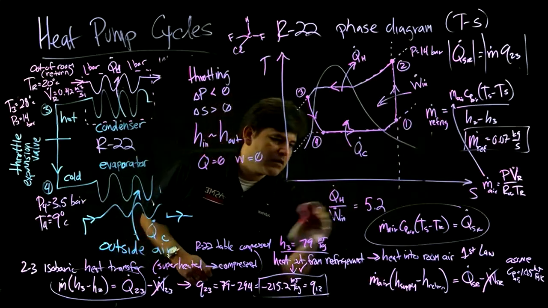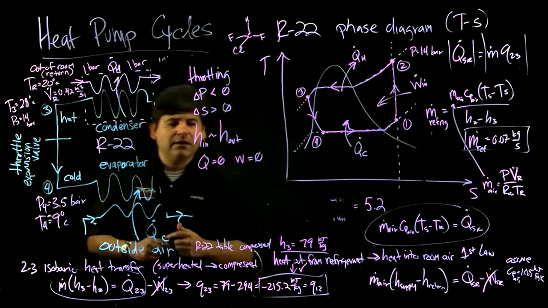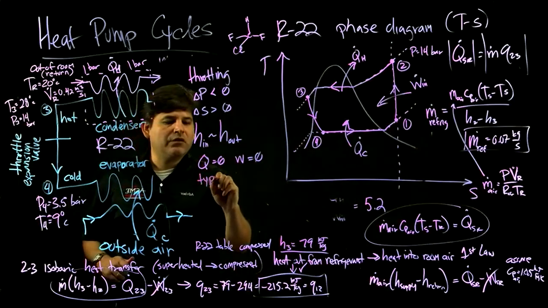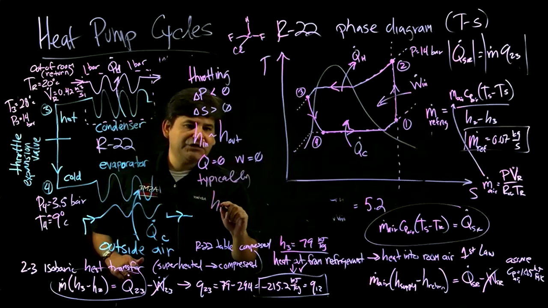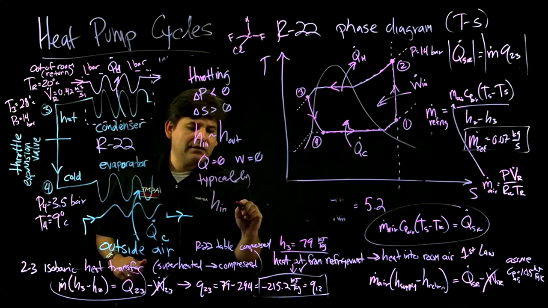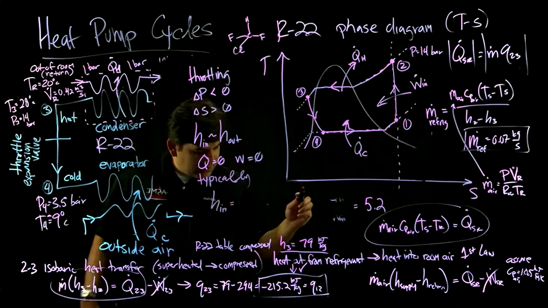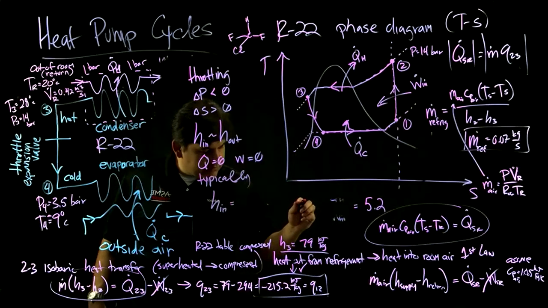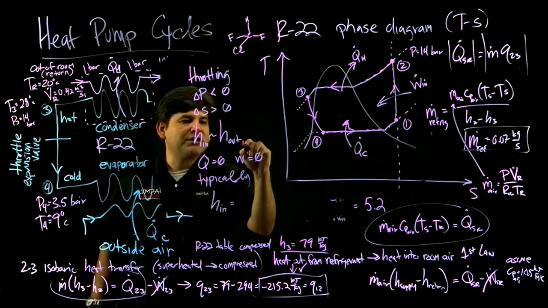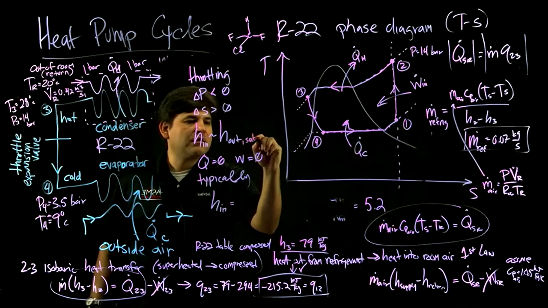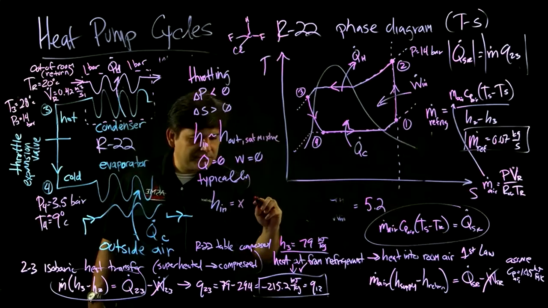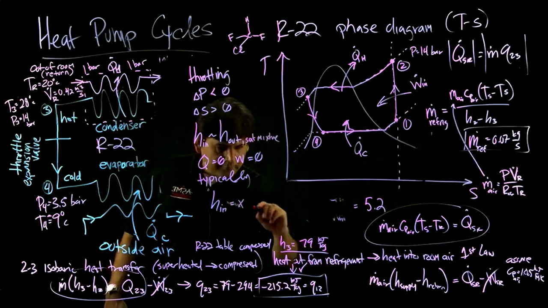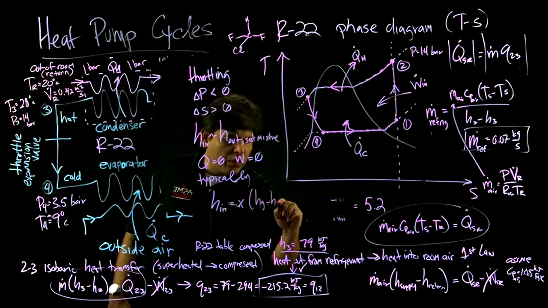Then in a typical refrigeration cycle, what happens is H_out equals, it's a mixture. So this would be a saturated mixture. That means there's some quality involved.